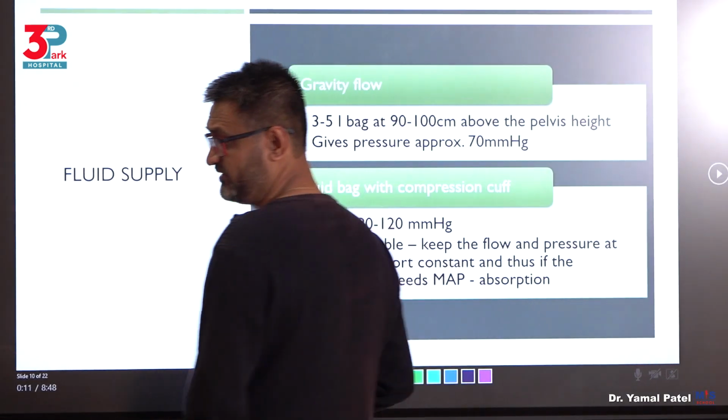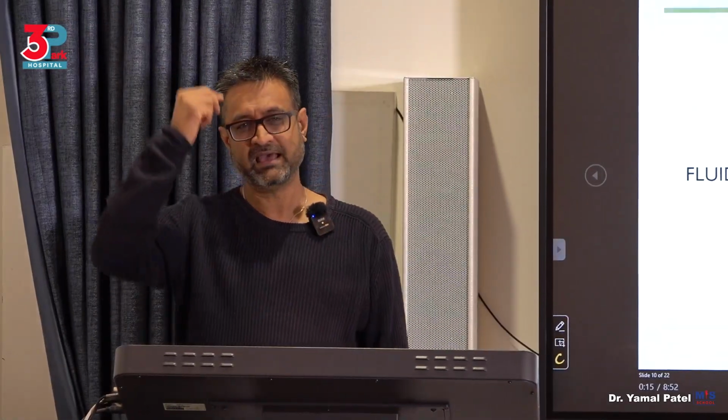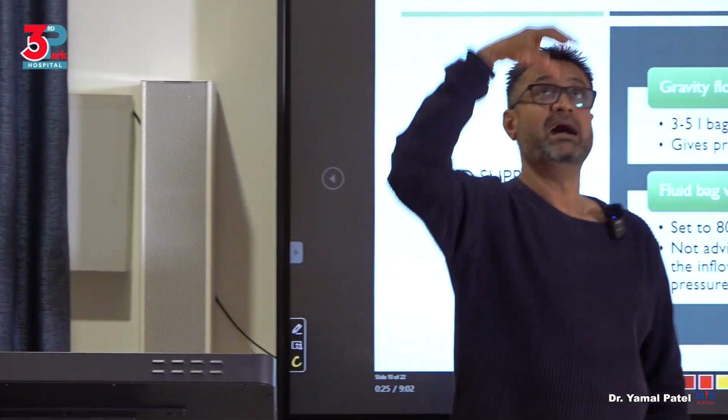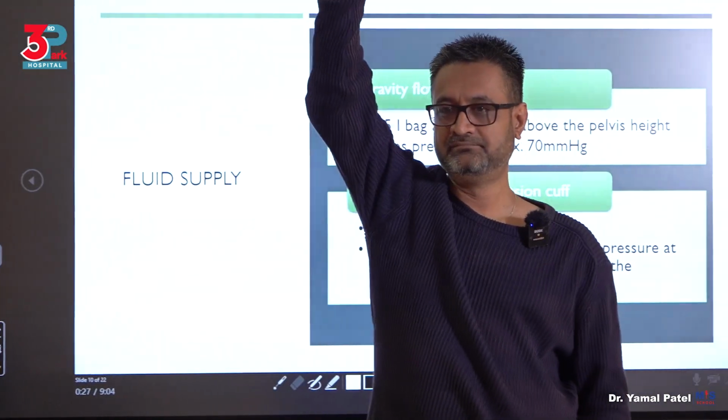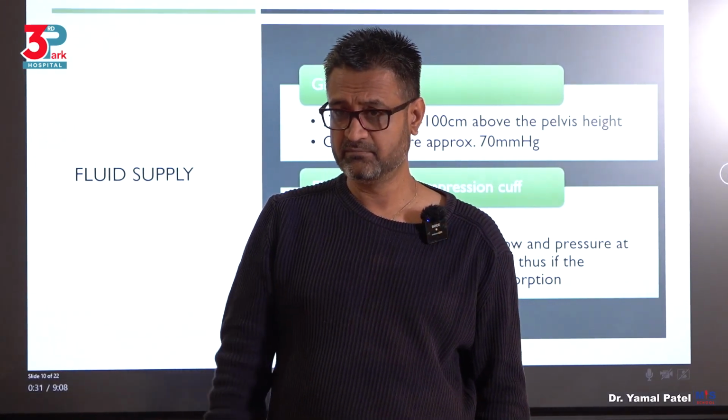So the next discussion, once we have narrowed down to saline, is how do you supply this fluid into the uterus? Okay, so one of the supplies would be by gravity. What does gravity mean? Hang a saline bag up there and let it just flow. Yes, it will work. You've understood?